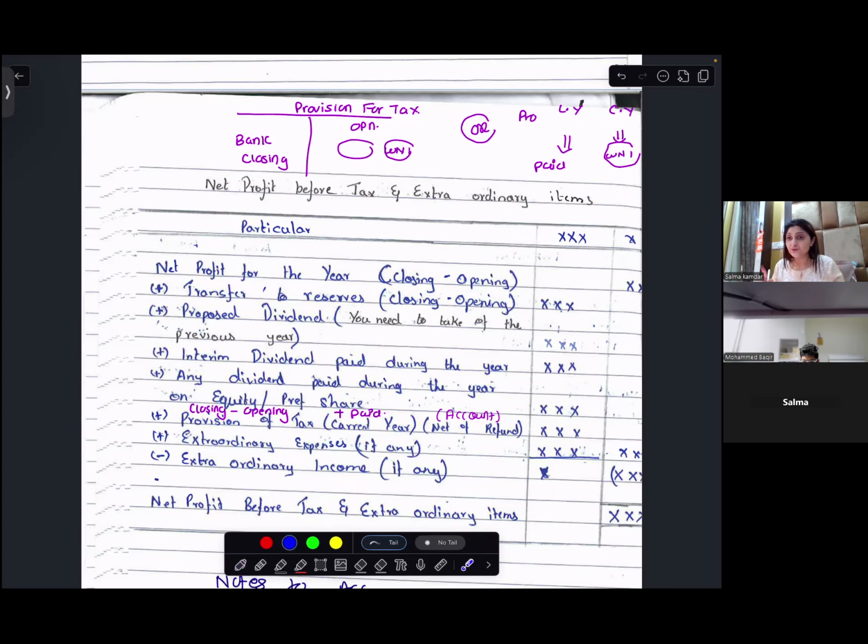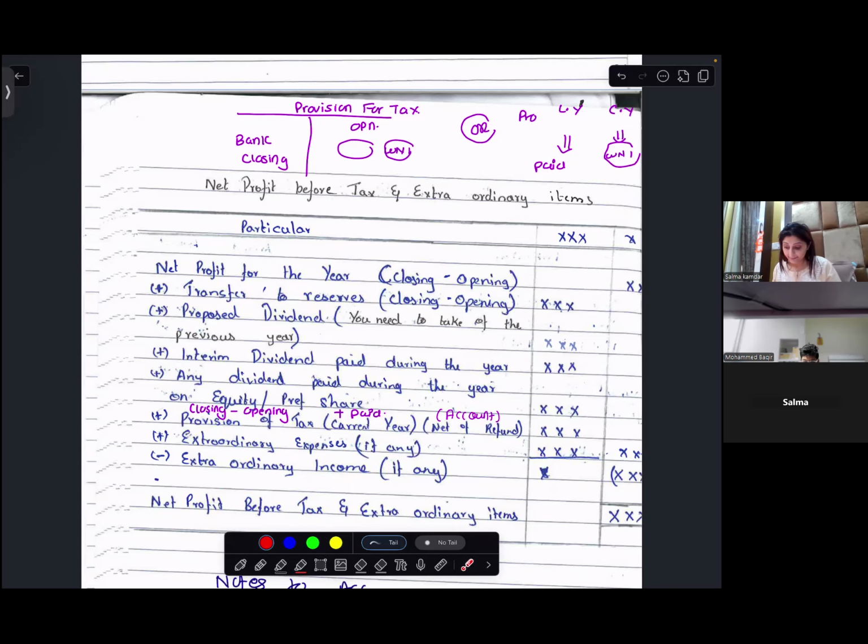If you are given information about the paid, this would go in your operating activities last part, and this would go in your working note number 1. But if you're not given any information about paid, last year you will pay. So last year would go at the end, and the current year provision would come in your working note number 1.